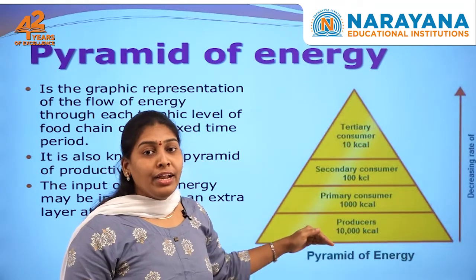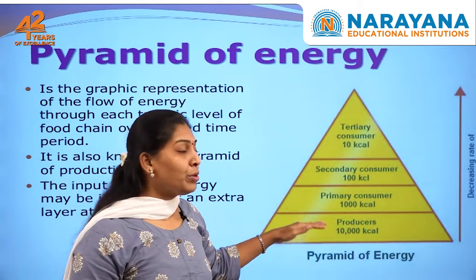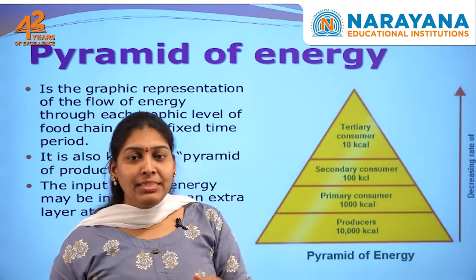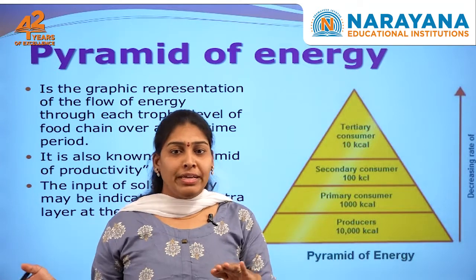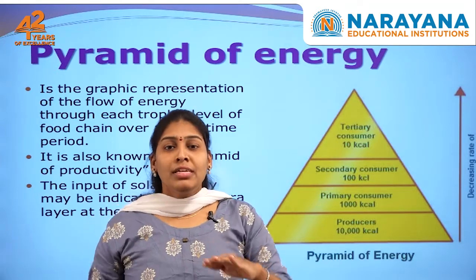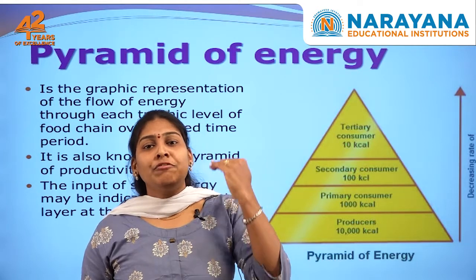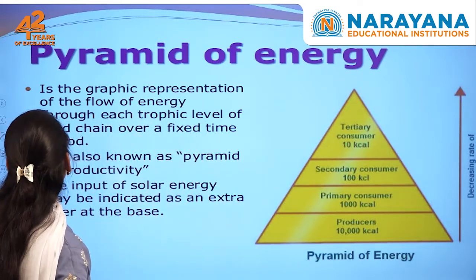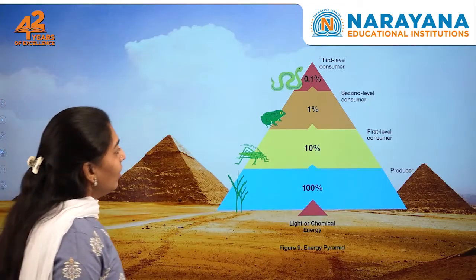The energy is taken up and utilized for all the life processes, and the remaining is lost in the form of heat, in either plants or animals, and 10% of the energy will be transferred to the next level. So that is the pyramid of energy.